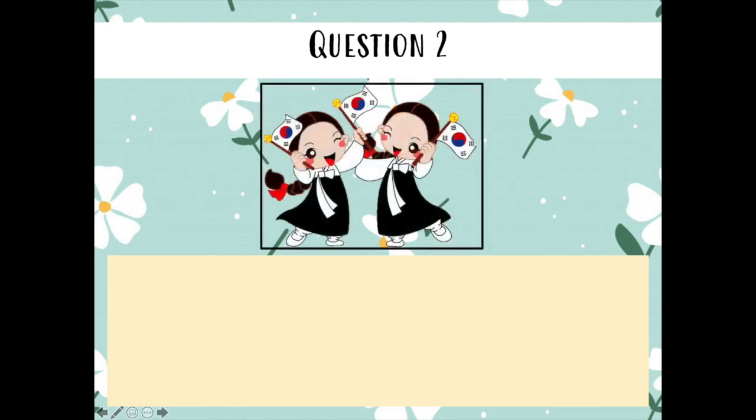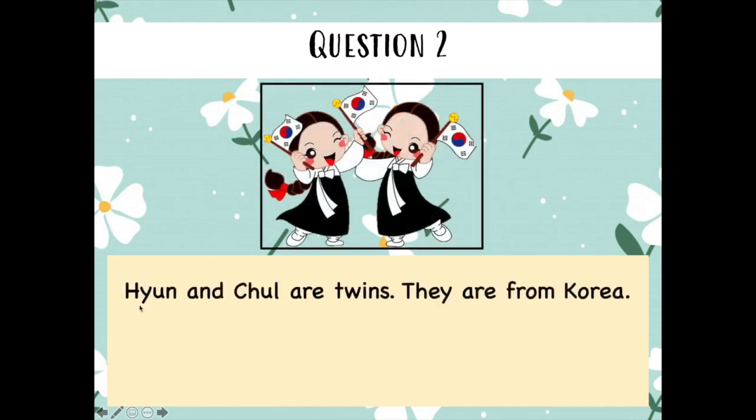So for question 2, Hyun and Chul are twins. They are from Korea. Okay, now we need to find where is the subject pronoun and the verb to be in the full form. So these are the answer. They are. Okay, they are. So you need to write the contraction of they are.